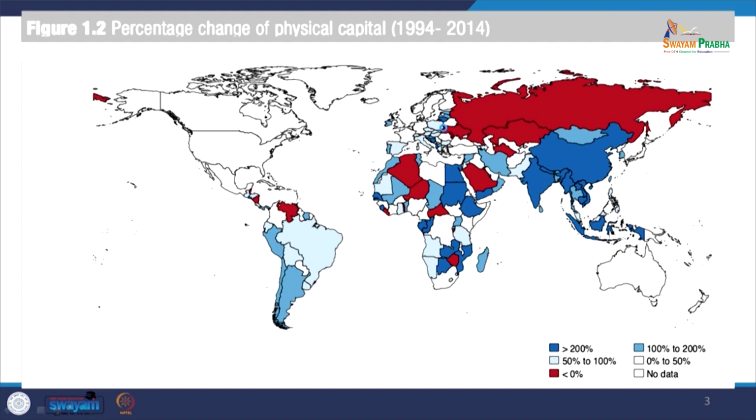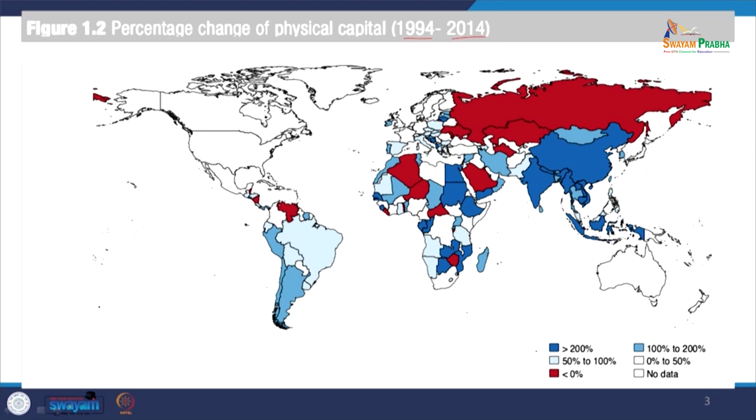Now, as we have seen from the same report, there is data collected from 1994 to 2014. During this period, change in capital stock has been observed. Which country actually progressed in terms of capital stock?